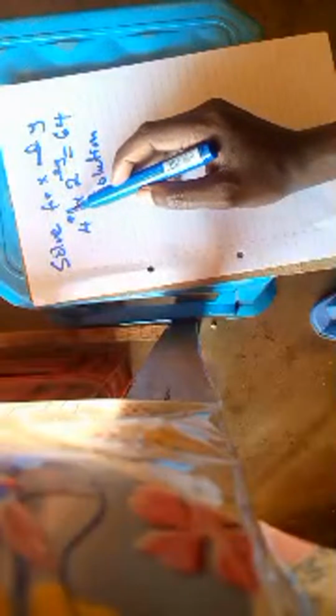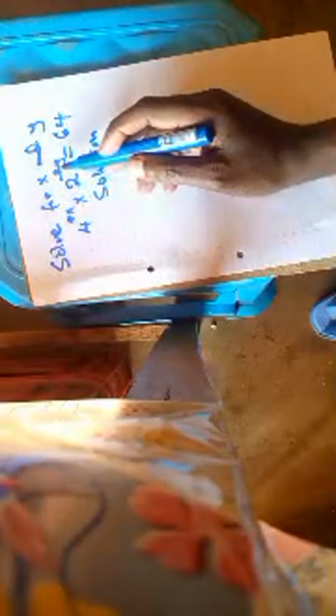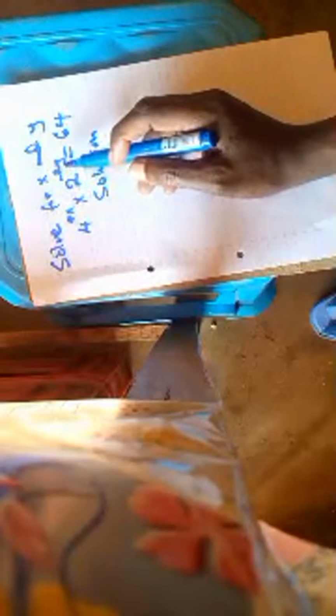So on the solution part, I'm being required to find the value of x and the value of y which, when I substitute here, will give me 64. So the first thing, look at 64.